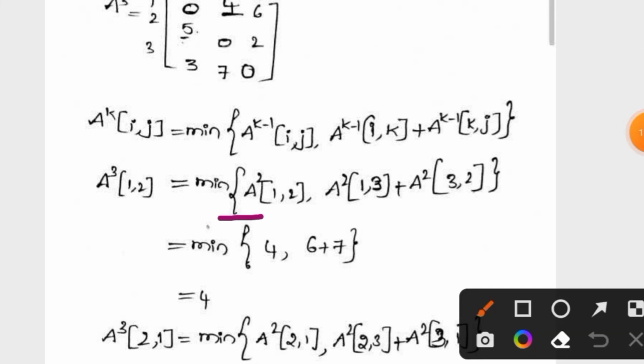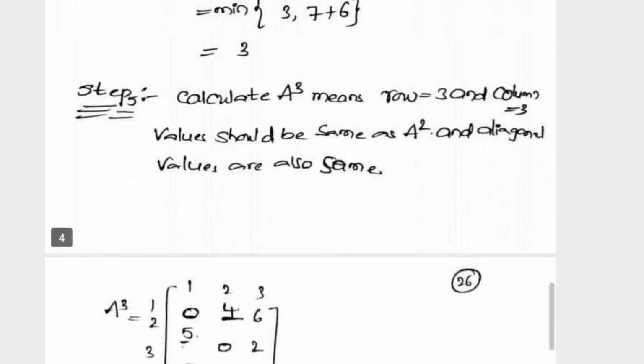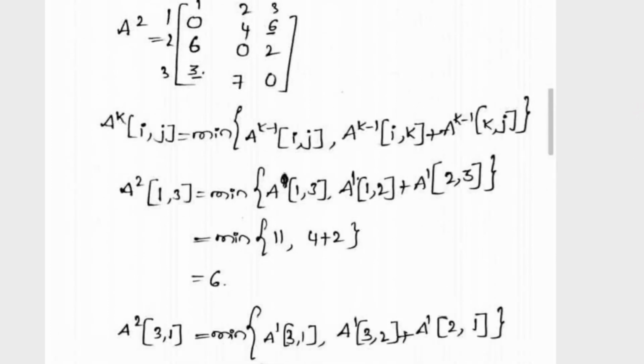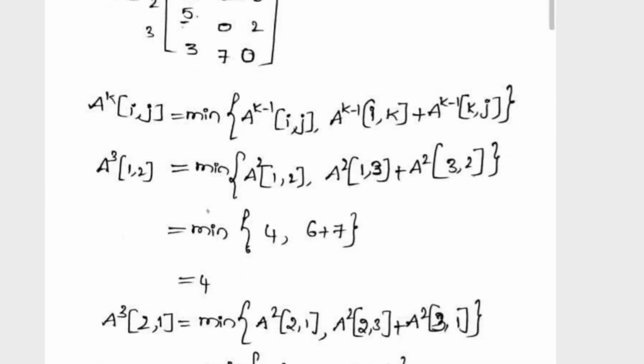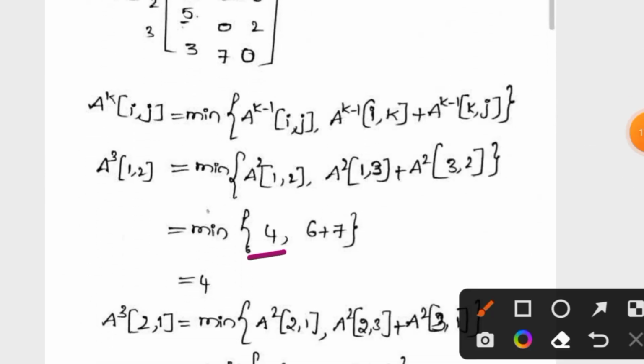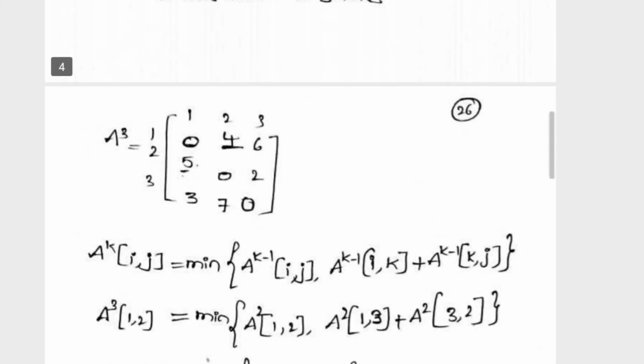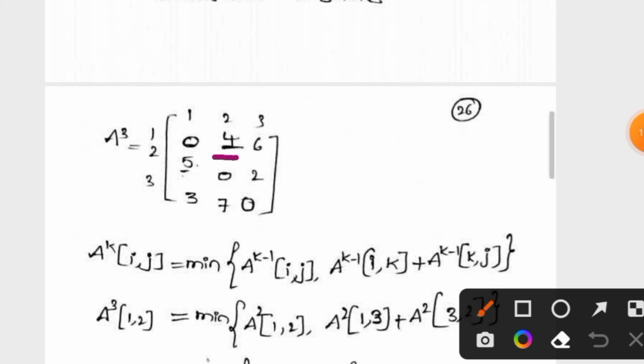In A power 2, first row second column value is 4, so we take the value 4, plus in the A power 2 matrix 1 comma 3, first row third column value is 6, and plus A power 2 of 3 comma 2, third row second column value is 7. From these two values we take the minimum one, that is 4, and this 4 we mention in A power 3: the 1 comma 2 position value is 4 now.